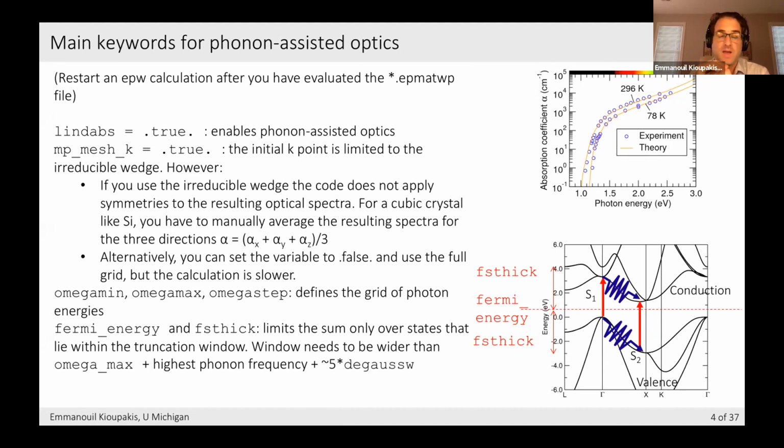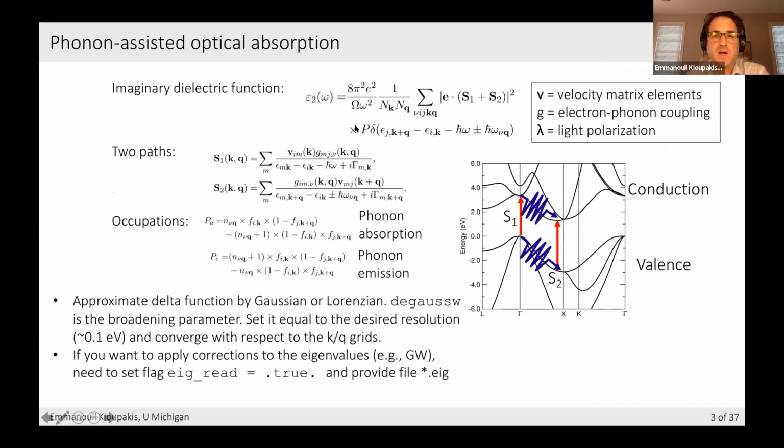You can do it. However, you need to be careful because the property you are calculating, the spectra, is a vector quantity, right? I forgot to mention here that this will be the spectra along, sorry for the symbol here, the lowercase e is the unit vector, that is the polarization of your light. And so the quantity you'll get here depends on the polarization, whether light is polarized along the X or Y or the Z direction.